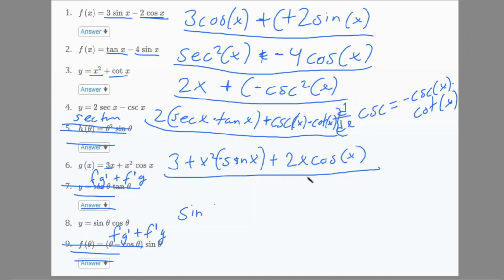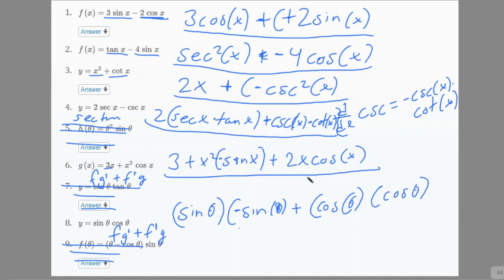So we have sine theta times g prime, which is the derivative of cosine, which is negative sine theta, and then plus f prime, the derivative of sine, which is cosine theta, and then times g, which is cosine.